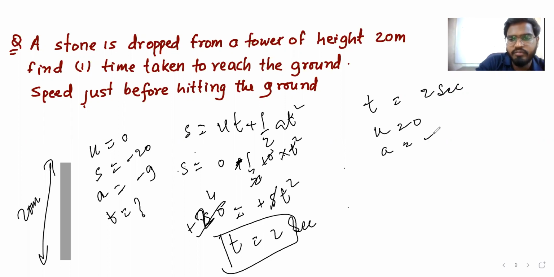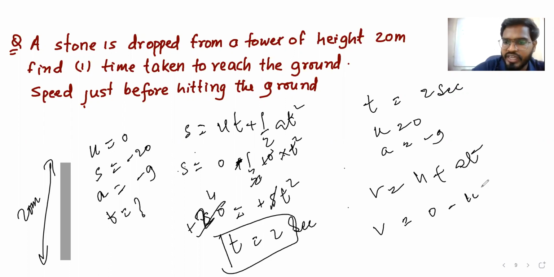A we have minus of g. V is equal to U plus AT. V is what? We want to find. U is 0 minus of 10 into T. So V is equal to minus of 20.